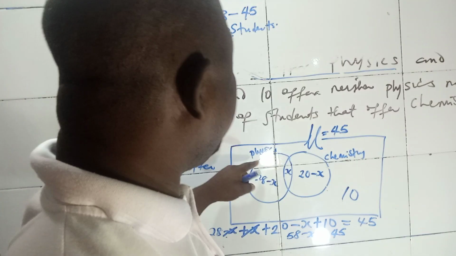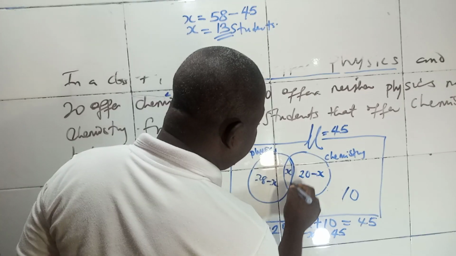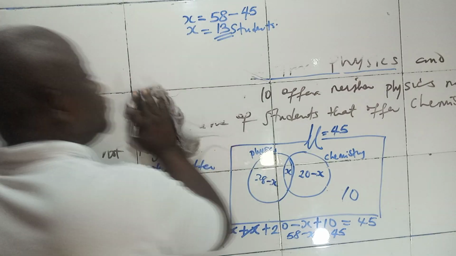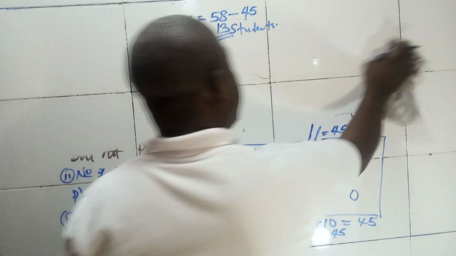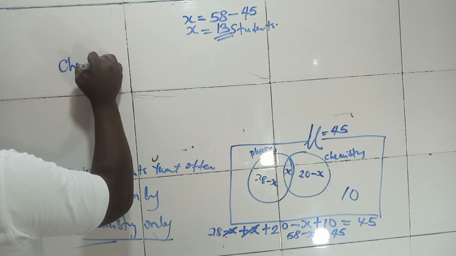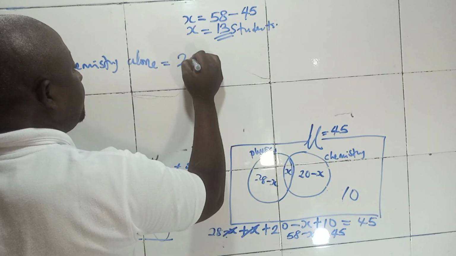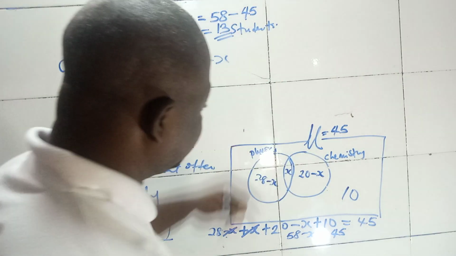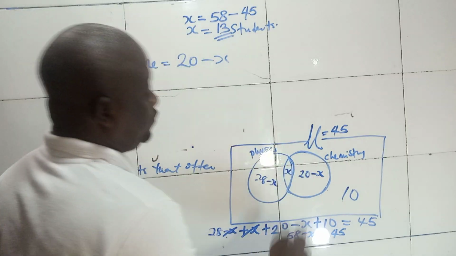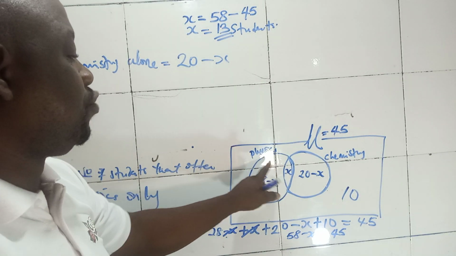So for me to find the number of students that offered chemistry alone, the expression is 20 minus x. From my explanation, this is chemistry alone. So that is 20 minus this x. x is the intersection between physics and chemistry.